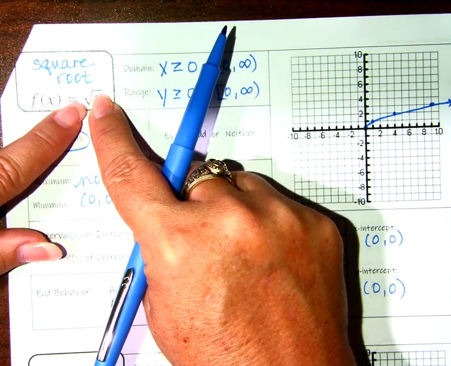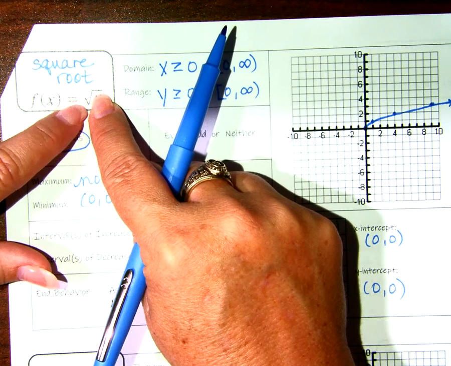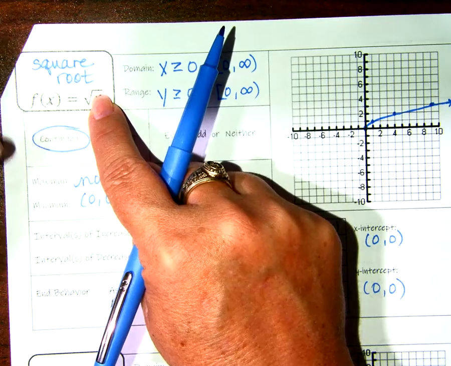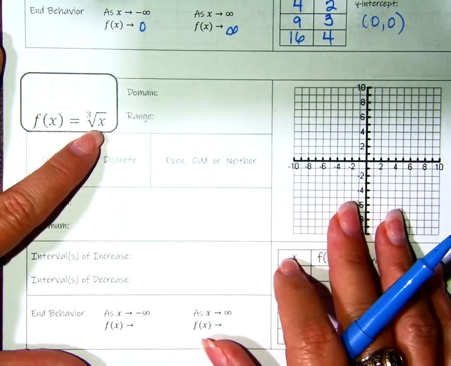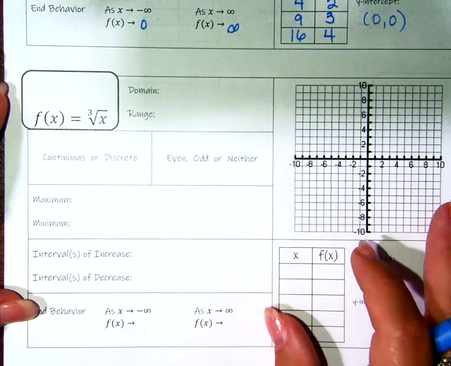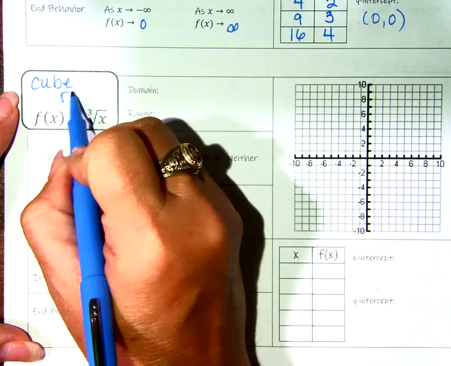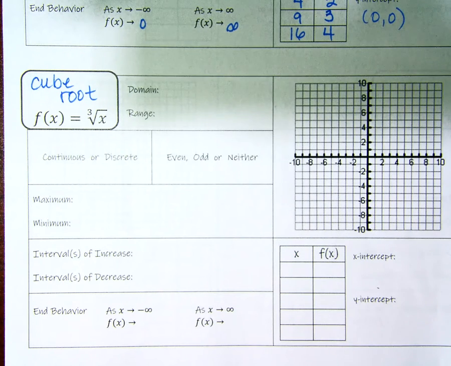This sign is actually called a radical. Do you remember that? Okay. We most commonly use it for a square root, though, so we don't have to write the little baby 2. We have to write the little baby 3 because that little baby 3 tells us it's not a square root, it is a cube root. And for the record, mathematicians don't call it a little baby 3, just for the record, okay? It's a root.